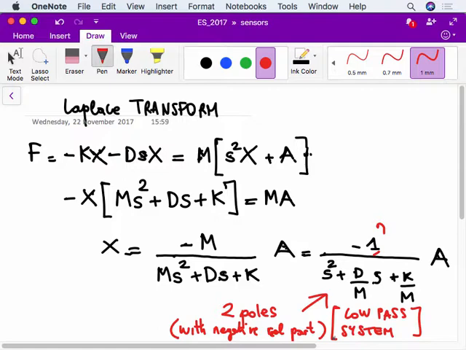So you see, basically, with just a mass and a spring and some damping term, we are able to obtain a transformation of an acceleration, which is something difficult to measure, to a displacement, which is a position much easier to measure. Okay?